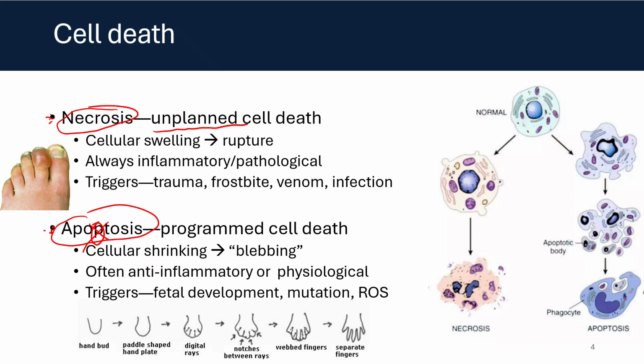And this is bad because when everything on the inside of the cell is suddenly on the outside of the cell, the immune system begins to freak out. This is going to trigger a horrifically inflammatory reaction that's going to result in more and more unplanned cell death. So this pathological feedback loop is going to propagate all of this tissue damage as a necrotic wave.